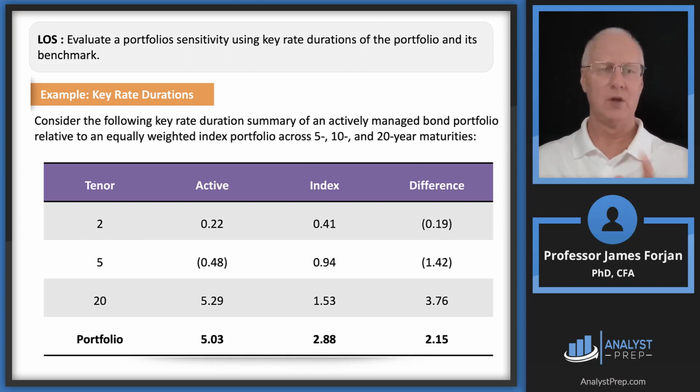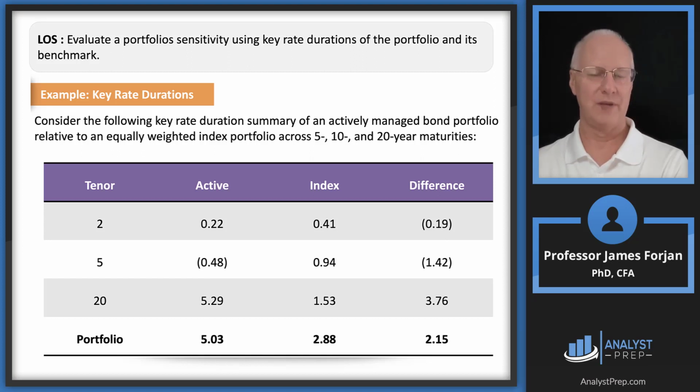Now, one quick thing. Notice that there's a key rate duration that's negative. That probably is counterintuitive. What do we know? When yields go up, bond prices fall. But a key rate duration of minus 0.48 tells us that if yields go up, bond prices go up. And that can happen at unique parts of the yield curve as we're looking at key rates, because of perhaps differences in coupon rates inside of those 5-year bonds.